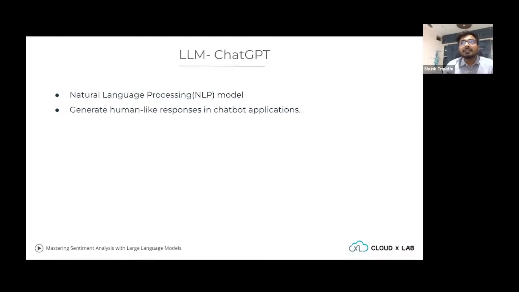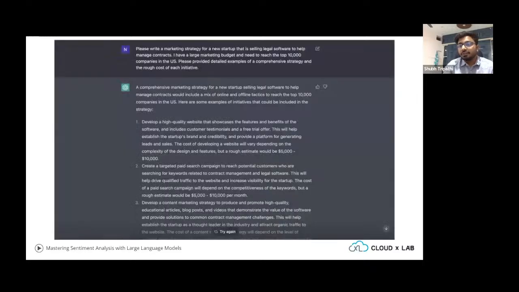We expected it may take 5 or 6 years or more, but it was a wonder seeing the performance of ChatGPT in our daily tasks and several other things. So, what is ChatGPT? It is a natural language processing model, and it generates human-like responses in chatbot applications. That's its task.